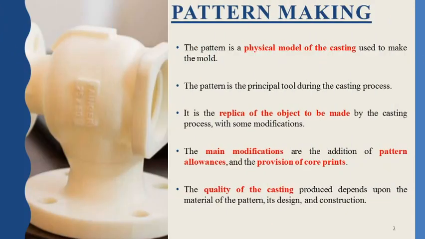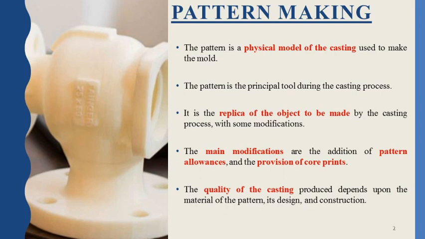Pattern, as discussed in the last class, is an exact replica of the casting. So it will have the same dimension, same geometry, and the difference will be it may not be made up of the same material. Mostly the casting will be made up of a particular metal, but normal patterns will be made up of certain other materials like wood, plastic, polymers, or even wax.